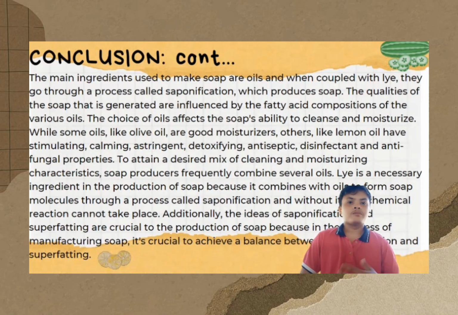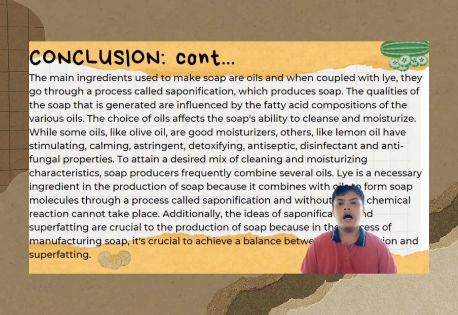So we have concluded that lye is not the only thing needed for the production of soap, but also the oils, because the oils are also an ingredient that gives the soap the characteristics to clean and have fragrance, and because of that, manufacturers use oils and combine them with lye, and through the process called saponification, they combine these two mixtures to produce such soaps.